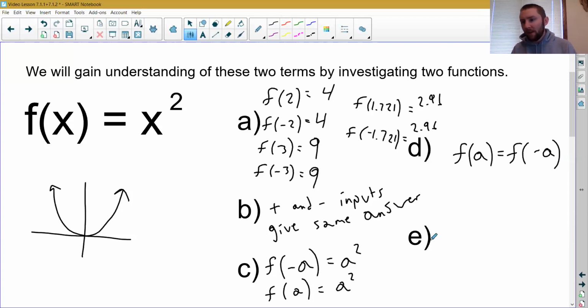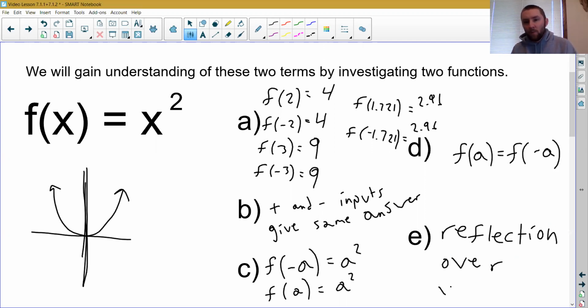Okay, letter E then says describe the symmetry of the graph. Because if we look at the graph, this is another way to identify even functions, and that is this graph has a line of symmetry, right? If we folded it over the y-axis, it would be 100% the same. So we would say reflection, right, which means to flip it over, reflection over the y-axis.